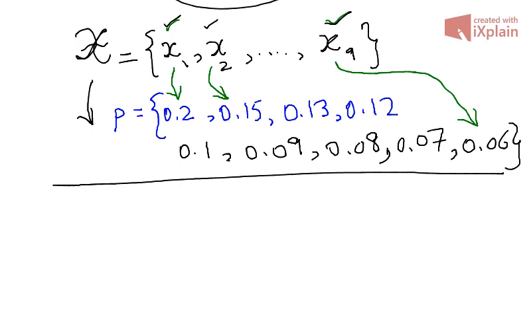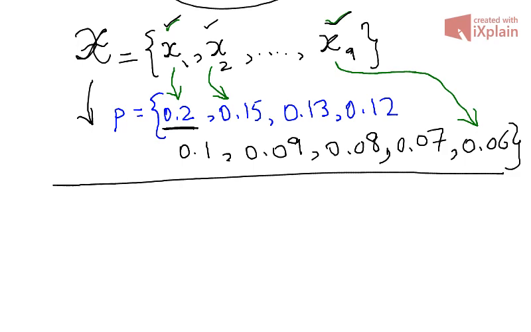of each alphabet is given here. After surveying thousands of books of that language, we come to know that the probability of x1, the occurrence of x1, is 0.2, right? The most frequently occurring alphabet is x1, with probability 0.2, which means 20% of the time in the text x1 would occur.